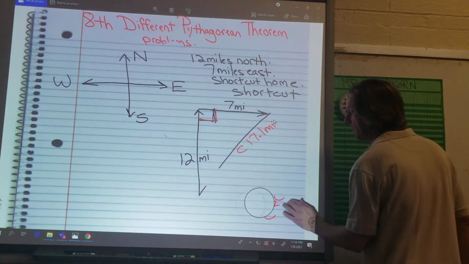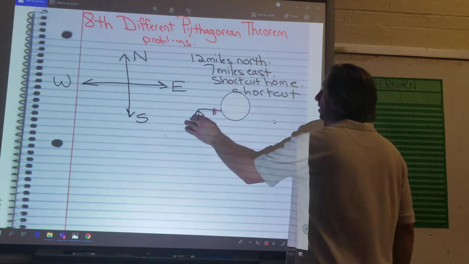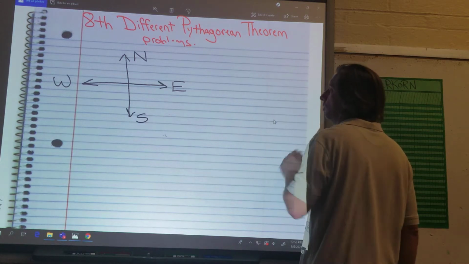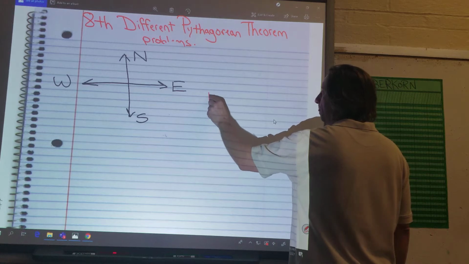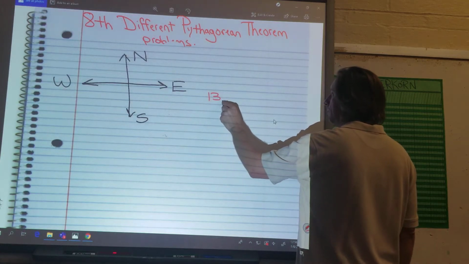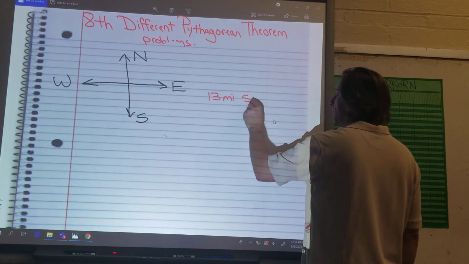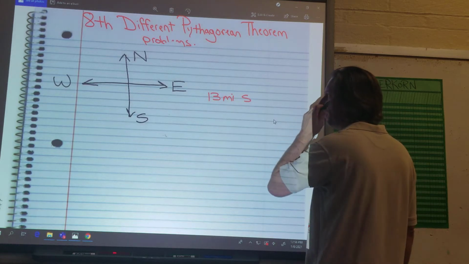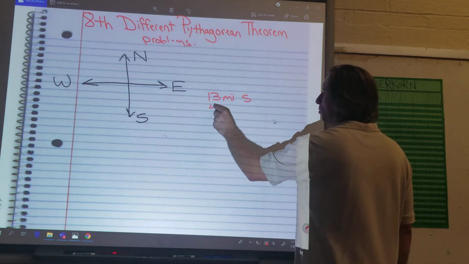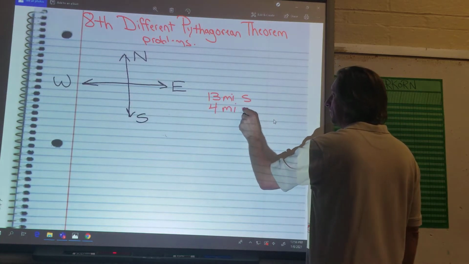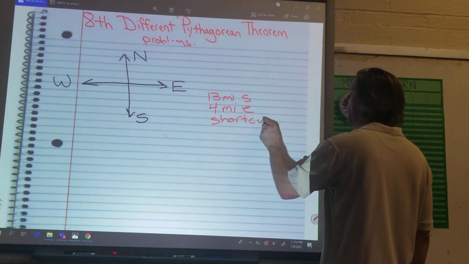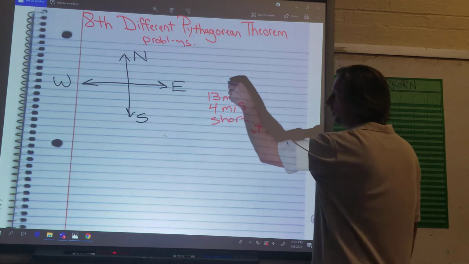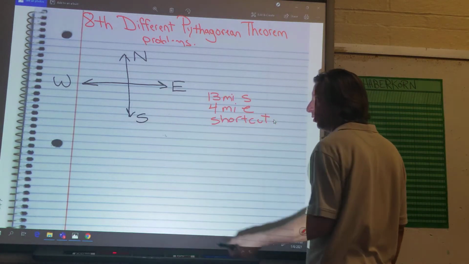Let's look at another one of these, because these come up a lot. We'll say we traveled 13 miles south, and then we went 4 miles east, and what's the shortcut home? Okay, so south is down, right? According to my compass rose here.